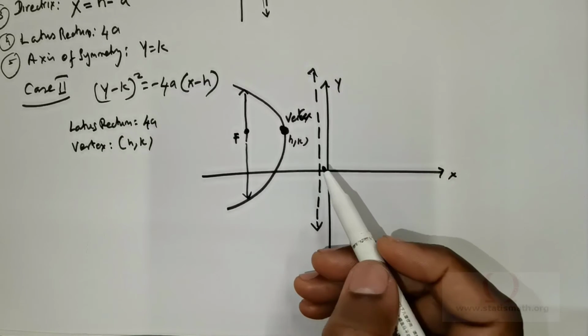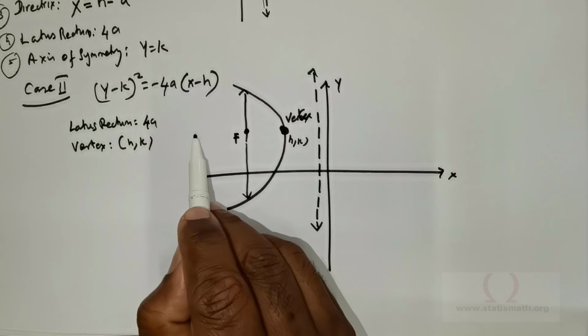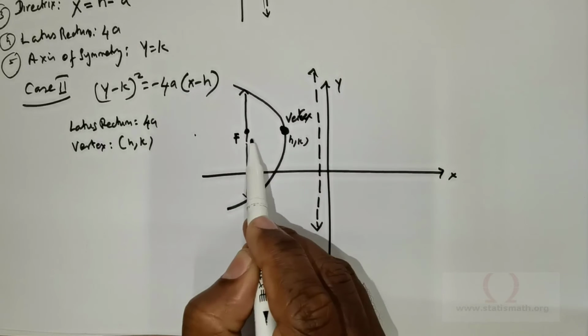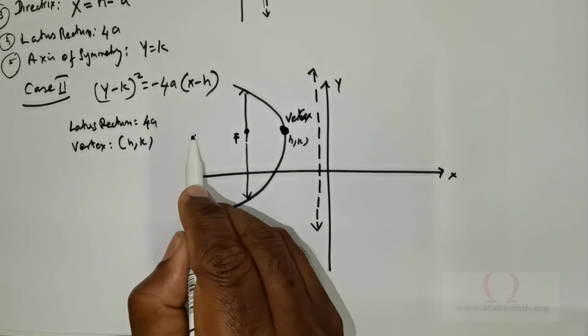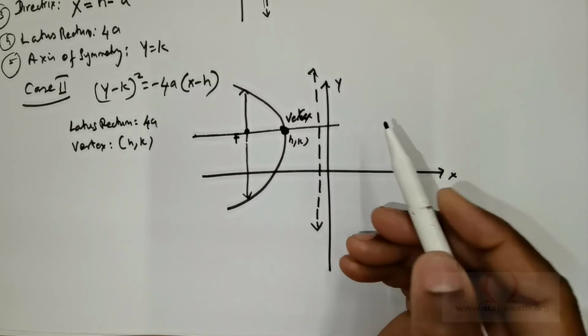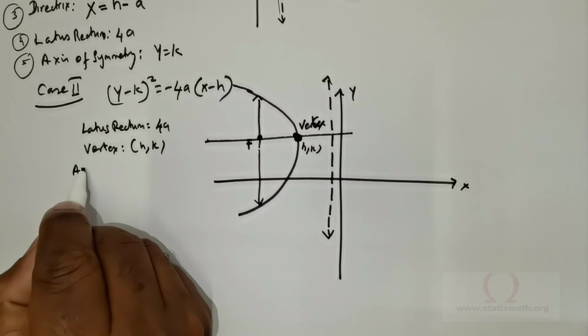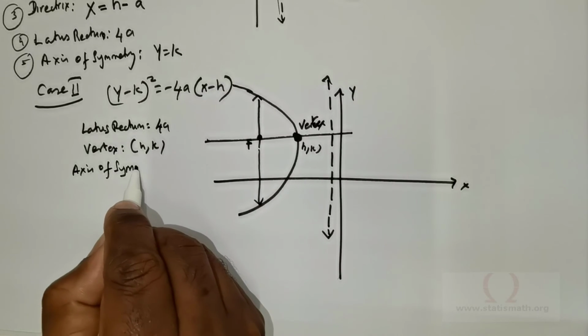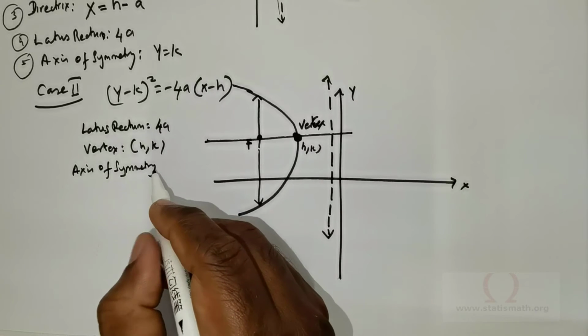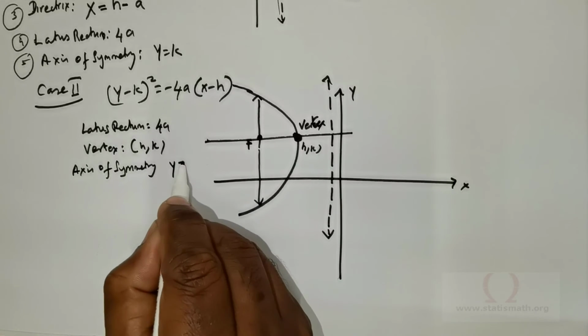Okay, and the axis of symmetry will be dividing the parabola into two equal parts. So it would be cutting it like this. So the axis of symmetry in this case is y = k.